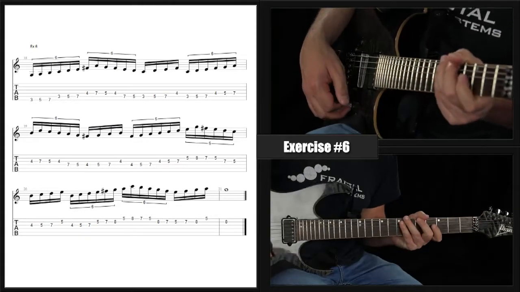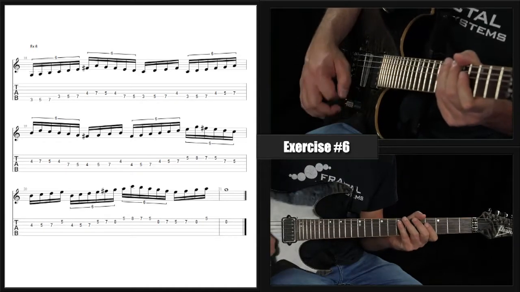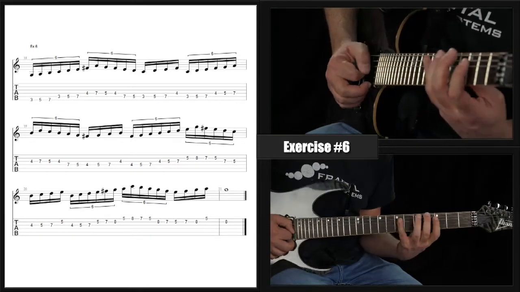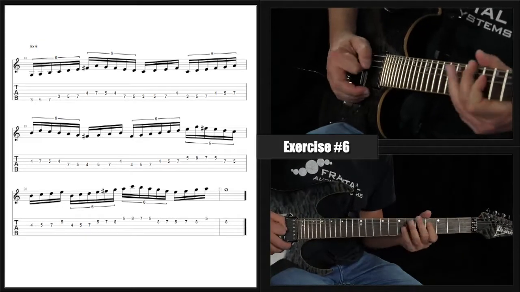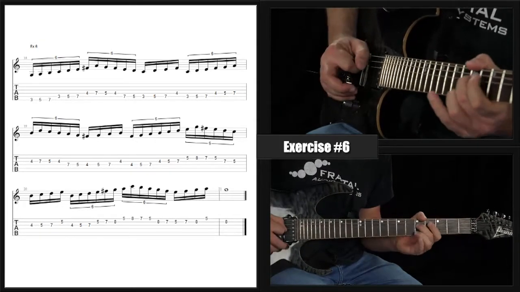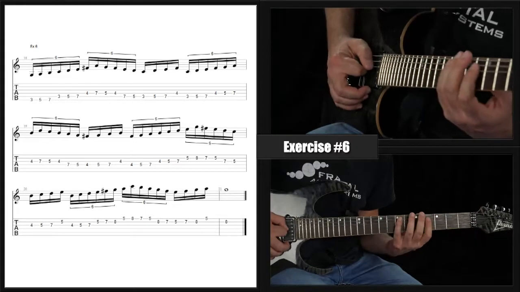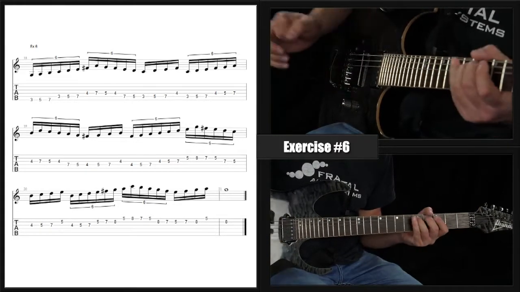Let's take a look at the next 6 notes. That's the second grouping. The second grouping starts on the 4th string. I'm going to play the left note, the right, the middle, the left, moving on to the 5th string, right, middle.